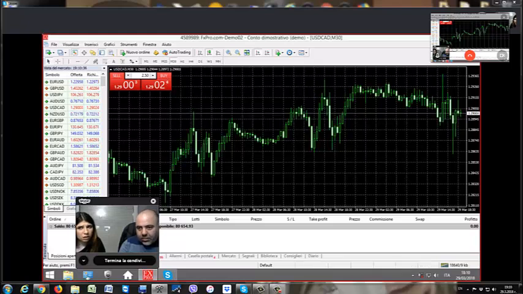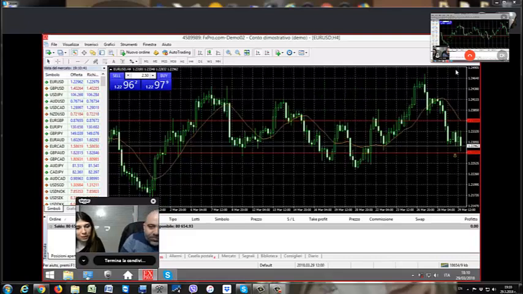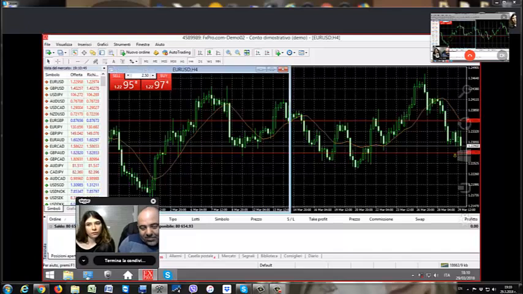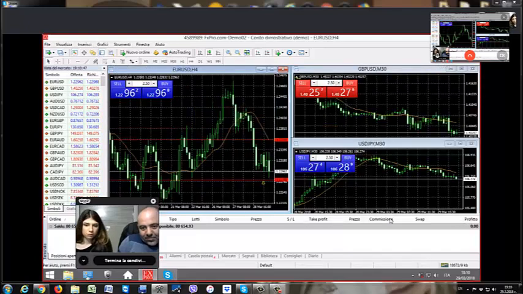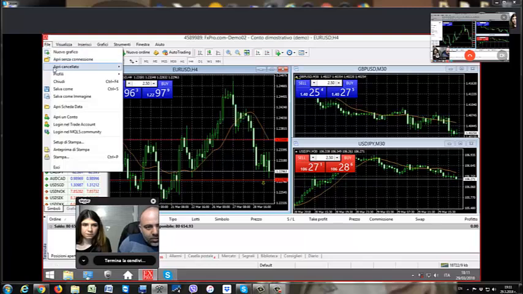Yes, yes. Well, okay, step by step. Do not confuse the movement. This is the euro dollar on 4 hours. As you can see, I am in control, and this is also on my desktop for trading. I am always in control of euro dollar, sterling dollar, and dollar yen, to control the arbitrage.